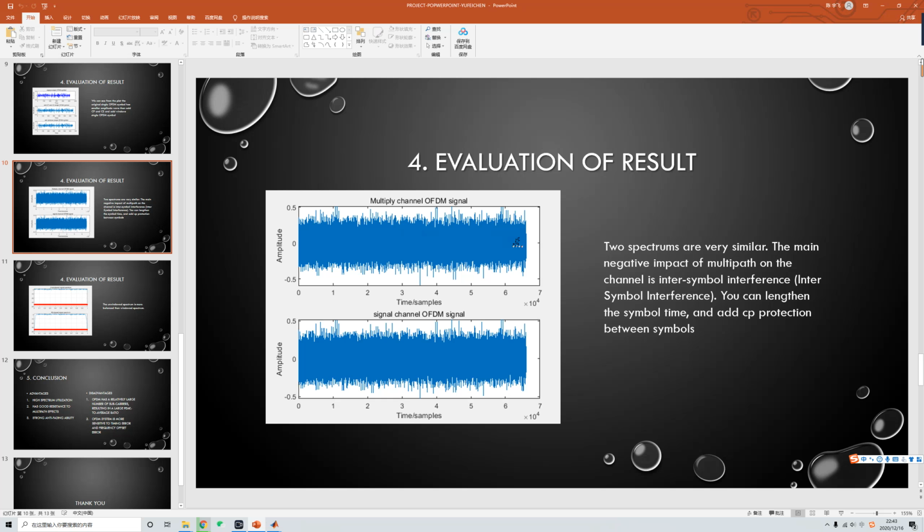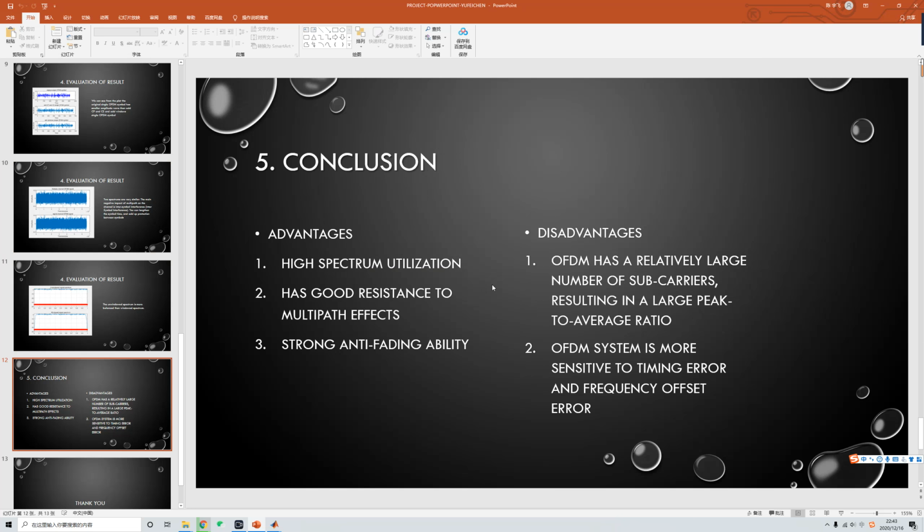After we add more channels, the amplitude and other things do not change very much. And it also has strong anti-fading ability.